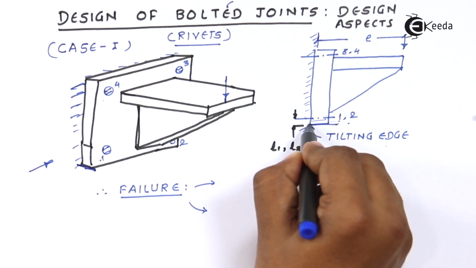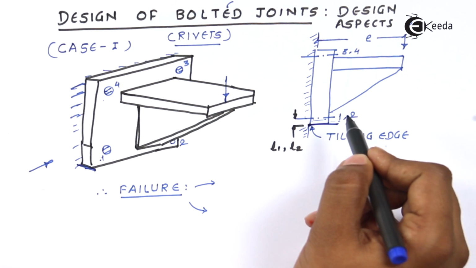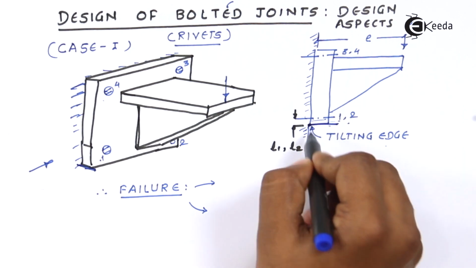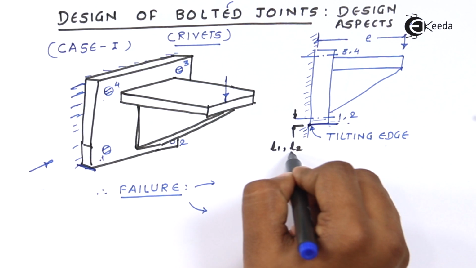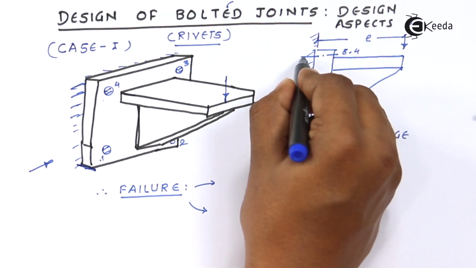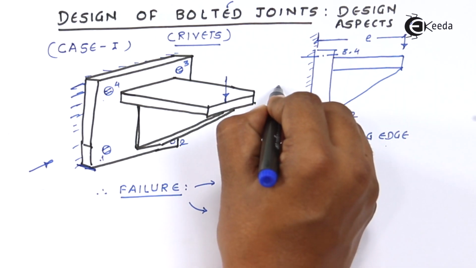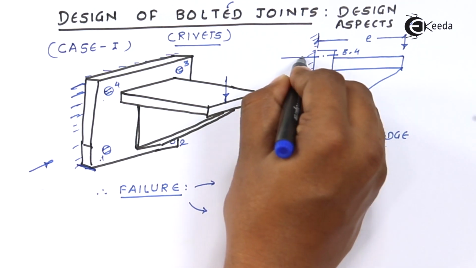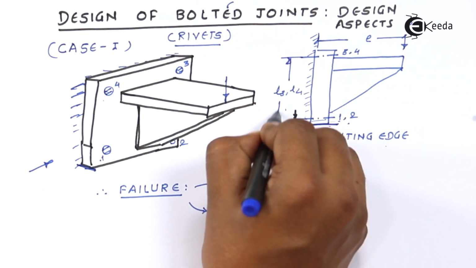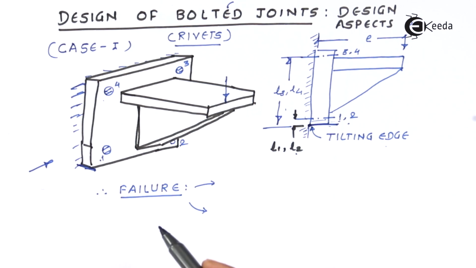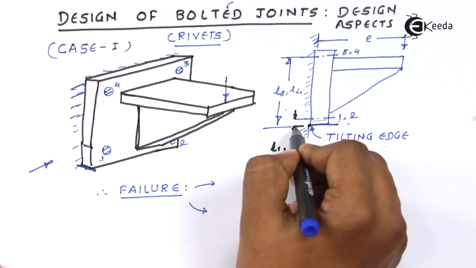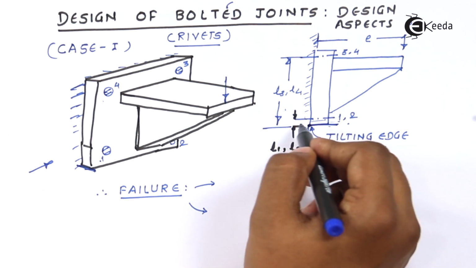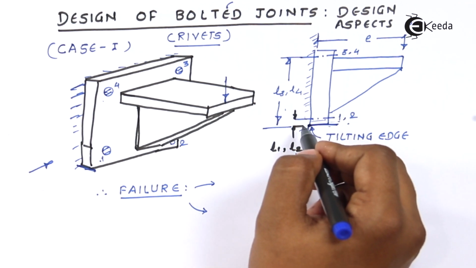So we need to find out this tilting distance. The tilting distance for these two bolts will be L1 and L2, whereas for these two it will be L3 and L4, and of course they will be measured from the bottommost end. So L3 and L4 are naturally greater than L1 and L2. That is how this schematic is, and that is how the parameters are mentioned.